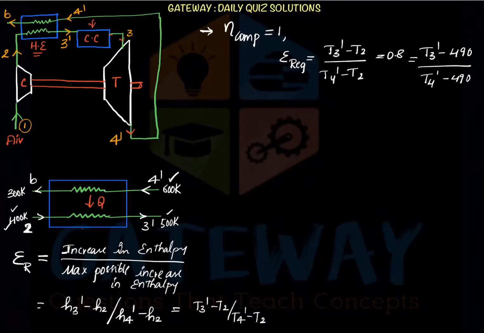In the question, T3 dash is unknown, and at the same time T4 dash is also unknown. T2 was given in the question as 490.